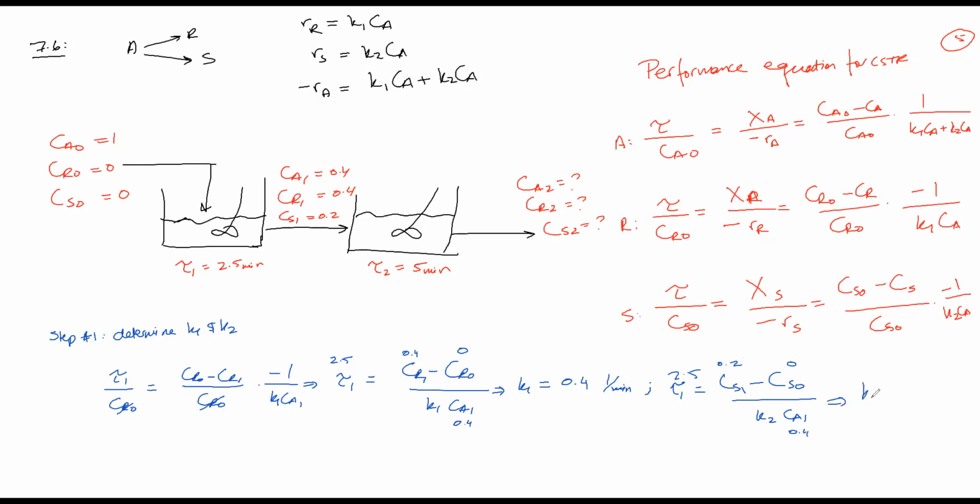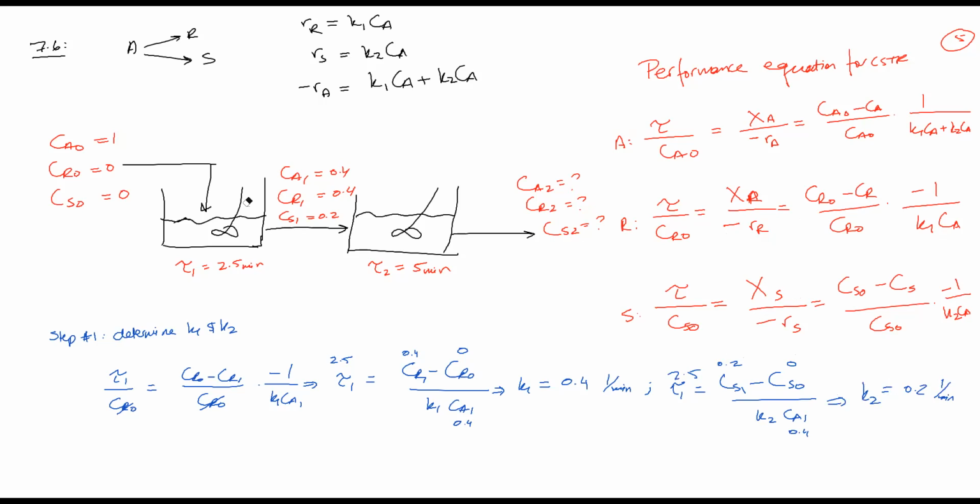You can use this to get K2 equal to 0.2, 1 over minute. So now I have K1 and K2 for this problem. I'm going to use these two values to calculate CA2, CR2, and CS2, just using these equations.